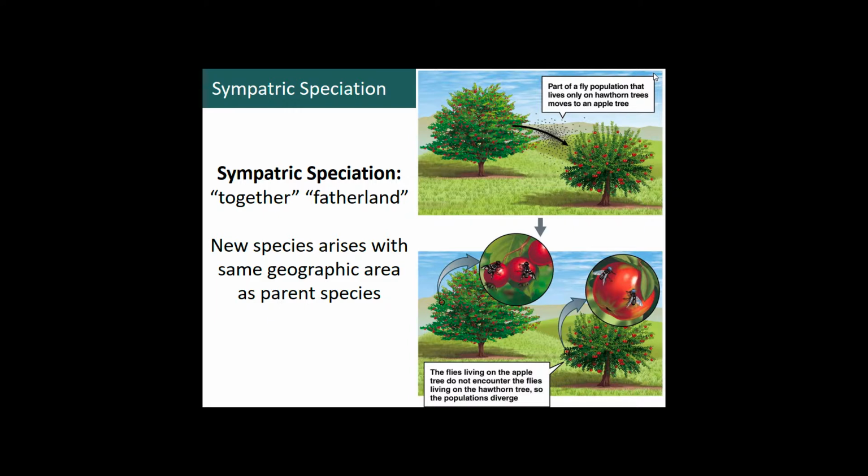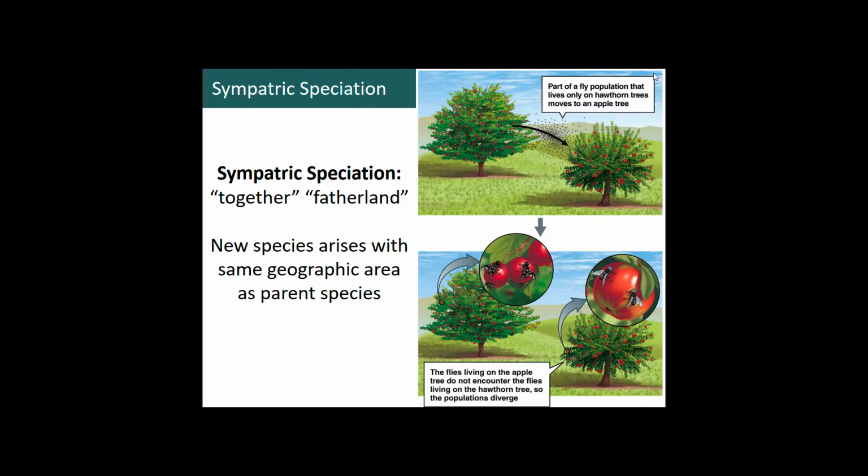And probably one of the easiest examples to wrap your head around is this example of hawthorn trees and apple trees. Hawthorn trees are native to North America, and prior to apple trees being widely domesticated and planted throughout farms and orchards, hawthorn trees were pretty abundant and would have been the primary mating site for a group of flies, hawthorn apple flies.